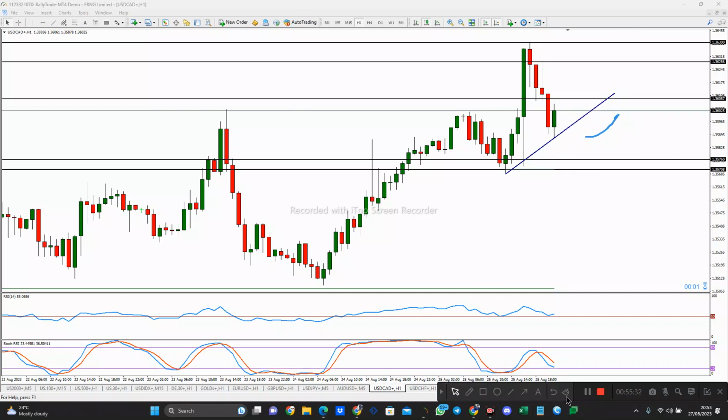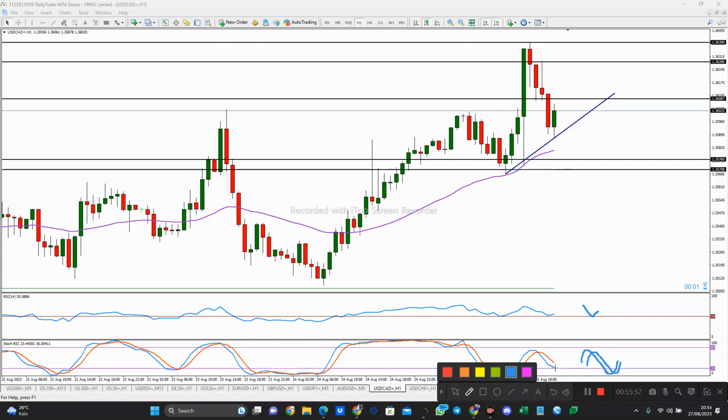So let me add my moving average, right? It's below. So look at what is happening here. You can see that the RSI is trying to push up, and the stochastic RSI is coming downwards like this, and then trying to maybe start coming down.